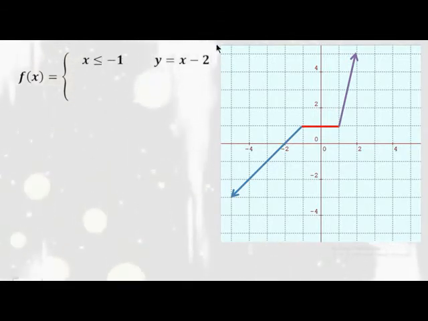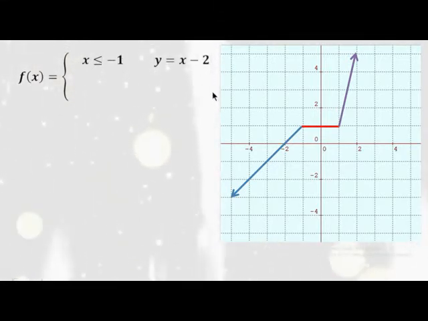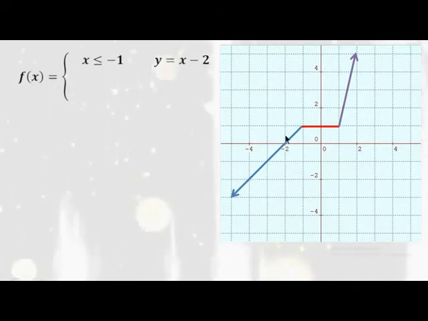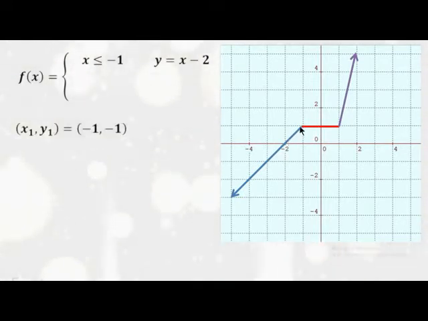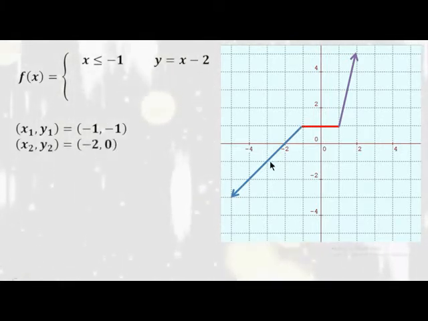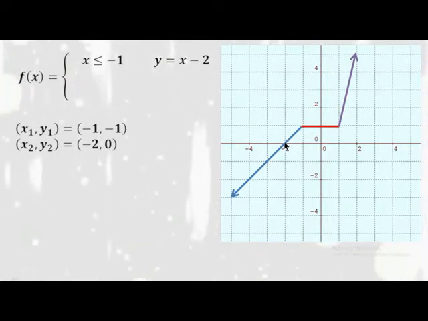Where does this equation come from? As you can see, in order to find the equation of this straight line, you have to pick 2 points that lie on this line. For example, the first point I choose is negative 1 comma 1, and the second I choose is negative 2 comma 0 in this one.